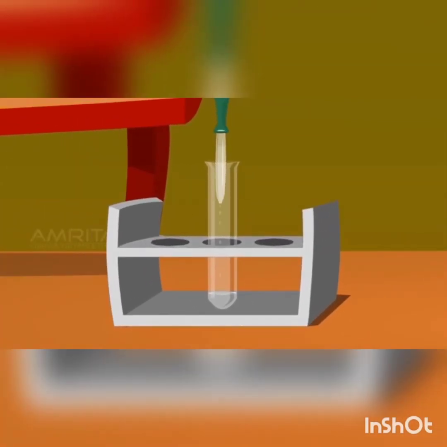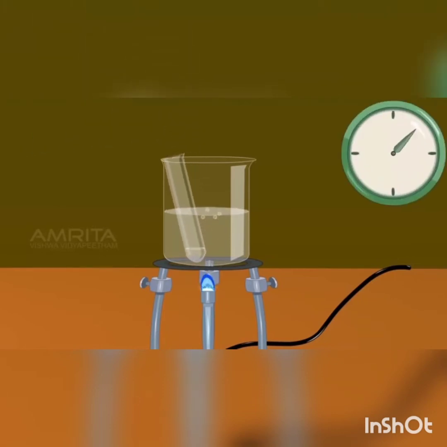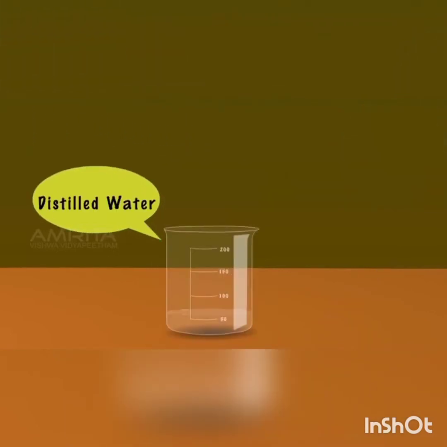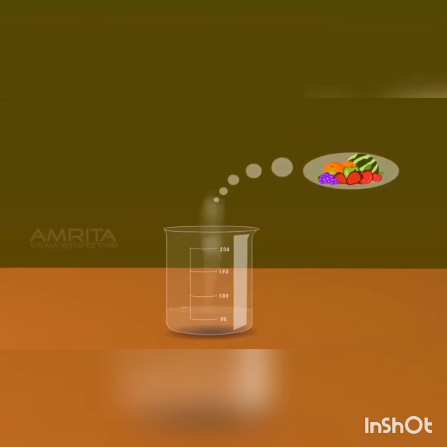Add it into the test tube. Place it in a boiling water bath and heat the contents of the test tube for 5 minutes. Pour it into a small beaker containing distilled water. Carboxylic acid reacts with alcohol in the acidic medium to produce fruity smelling compounds called esters.